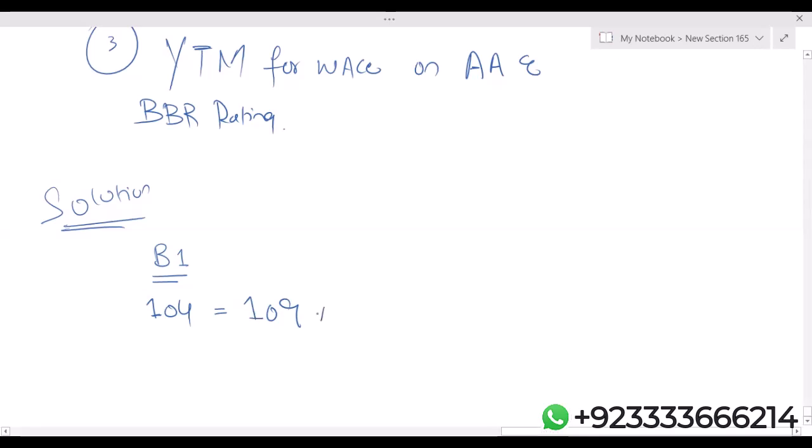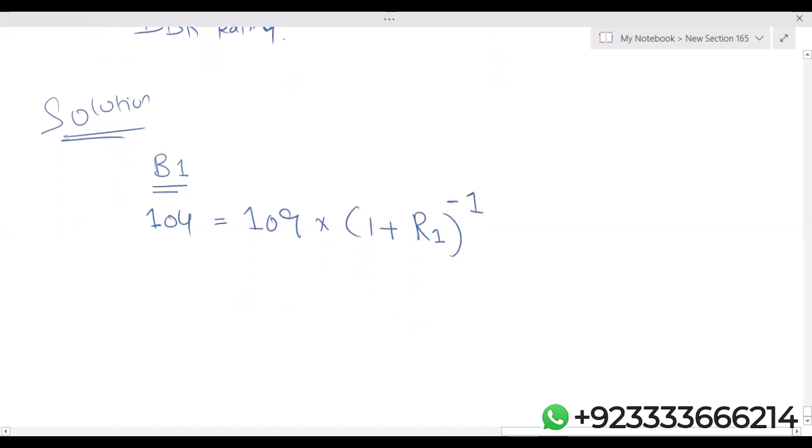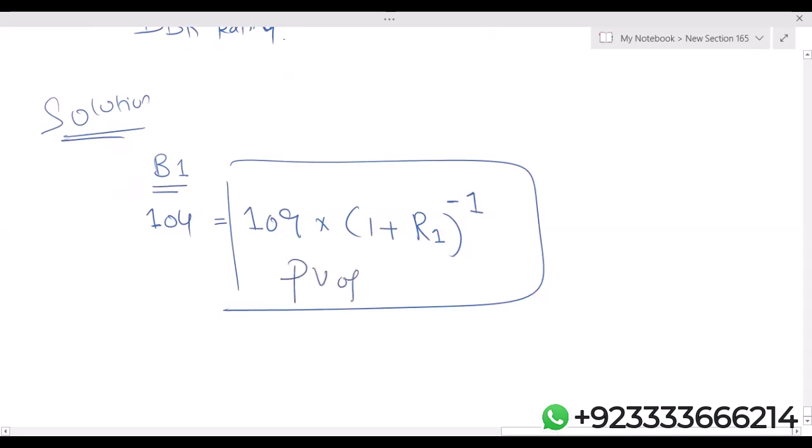109 multiplied by (1 plus R1) to the power of minus 1. This is the present value of cash flows. 104 is equal to 109 times (1 plus R1) to the power of minus 1. Yes or no, please comment.